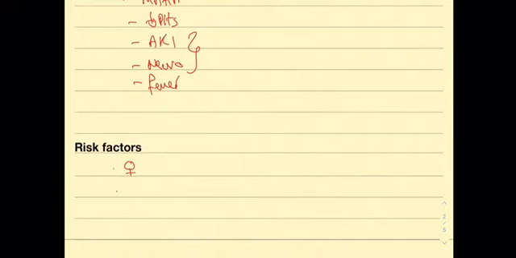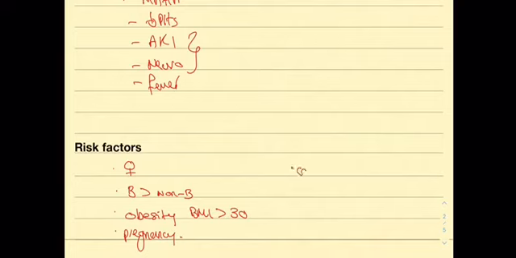Studies have also shown a 9-fold relative incidence in black ethnicity compared to non-blacks. Other risk factors include obesity with a BMI of more than 30, as well as pregnancy. In addition, cancer treatments are also a risk factor, in particular mitomycin and cyclosporine.